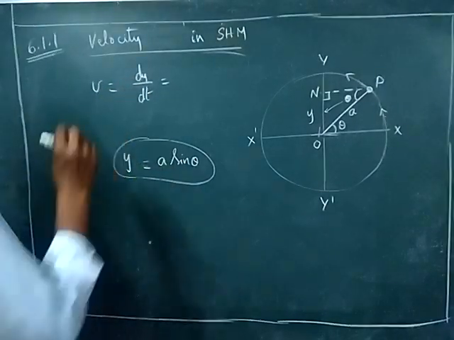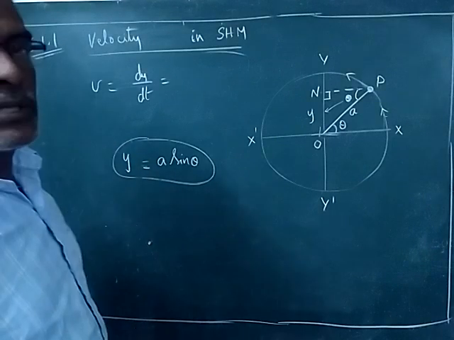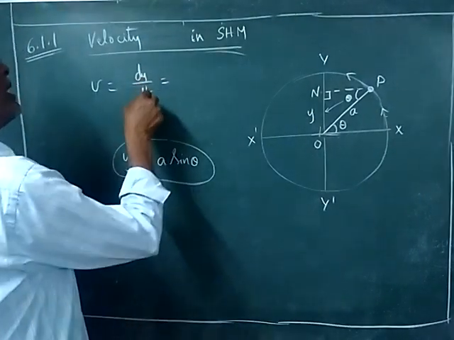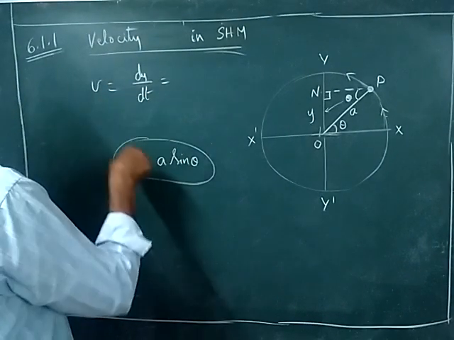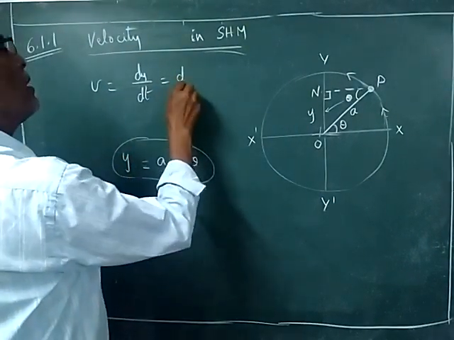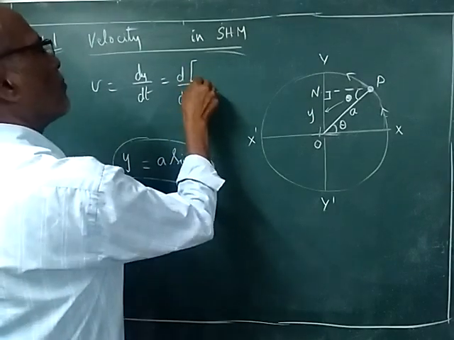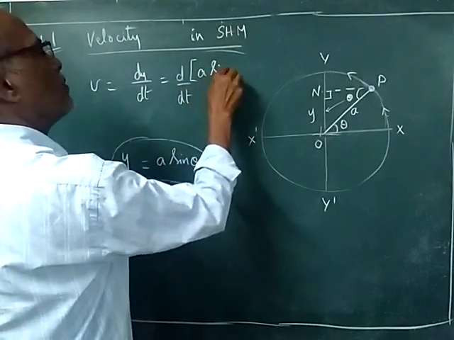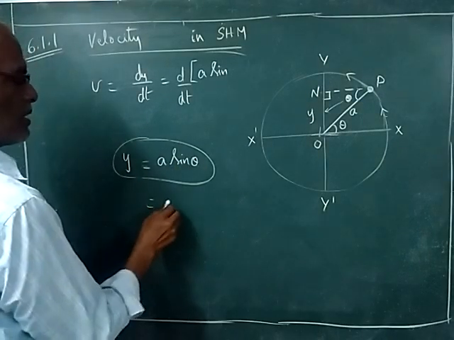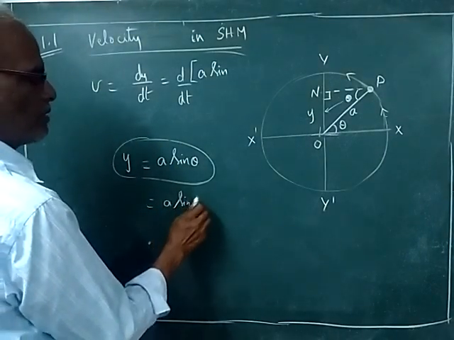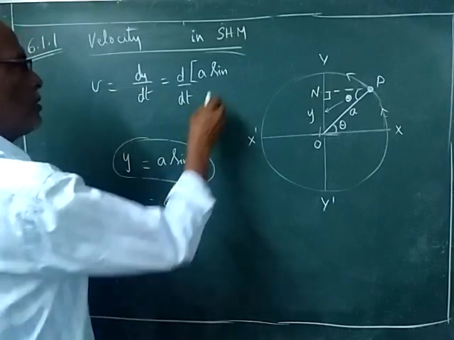Rate of change of distance is nothing but velocity. So now dy by dt is velocity. Now, what is the value of y? d by dt of a sin. In the place of theta we can write omega t.